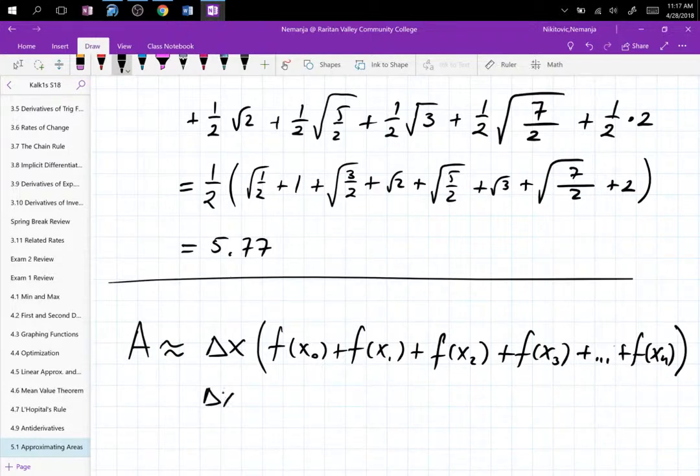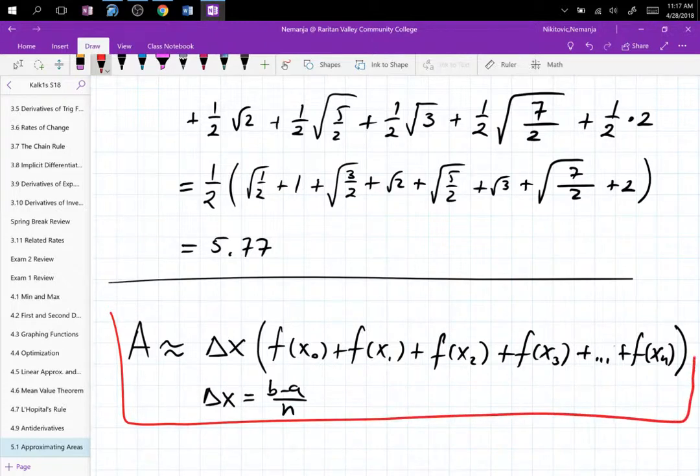And at the same time, delta x is b minus a over n. This is our formula.